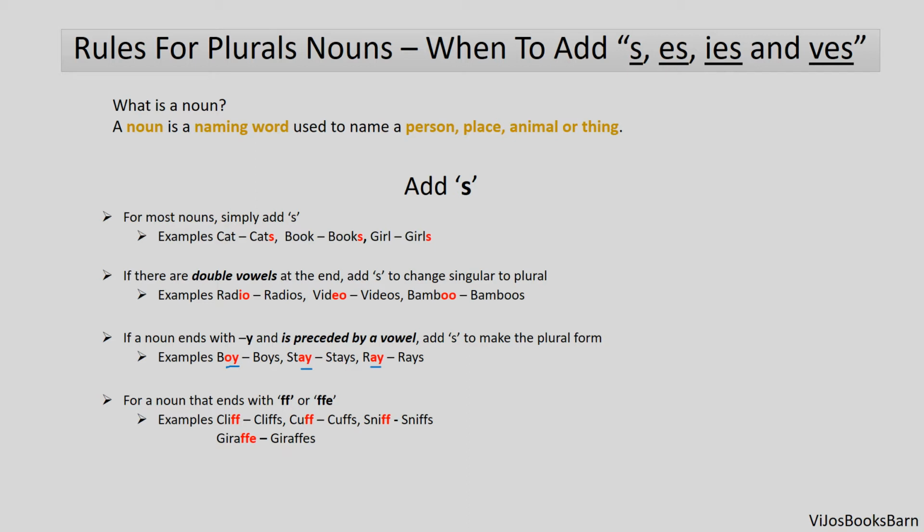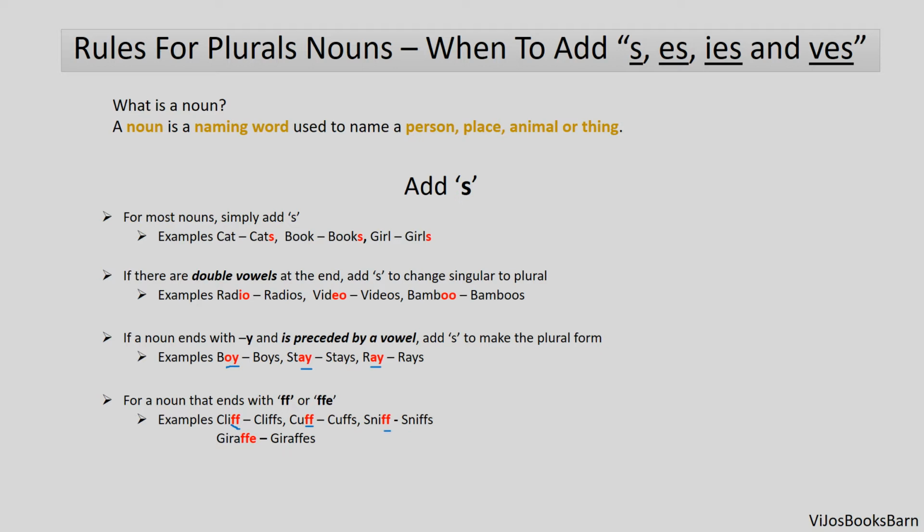The next rule is for a noun that ends with ff or ffe. So when a noun ends with ff or ffe, here we have examples of cliff and cuff which end with ff. So add an s. Cliff, cuff, cliffs, cuffs, sniffs.